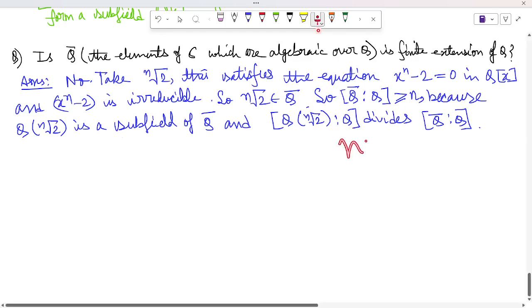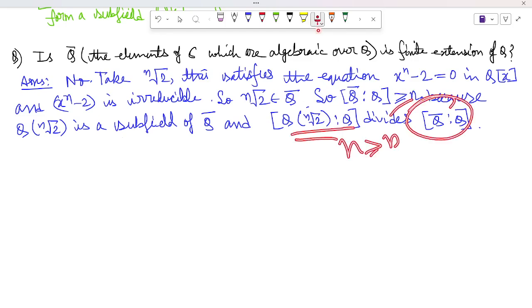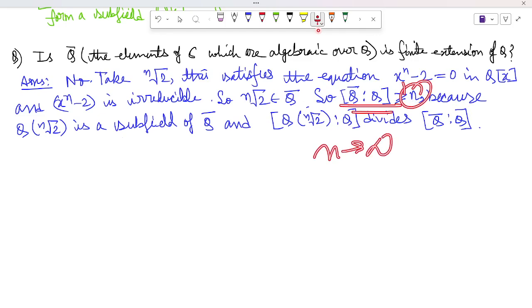So it must be at least n. But if n is sufficiently large and n tends to infinity, then the degree of the extension tends to infinity. So it is never finite.